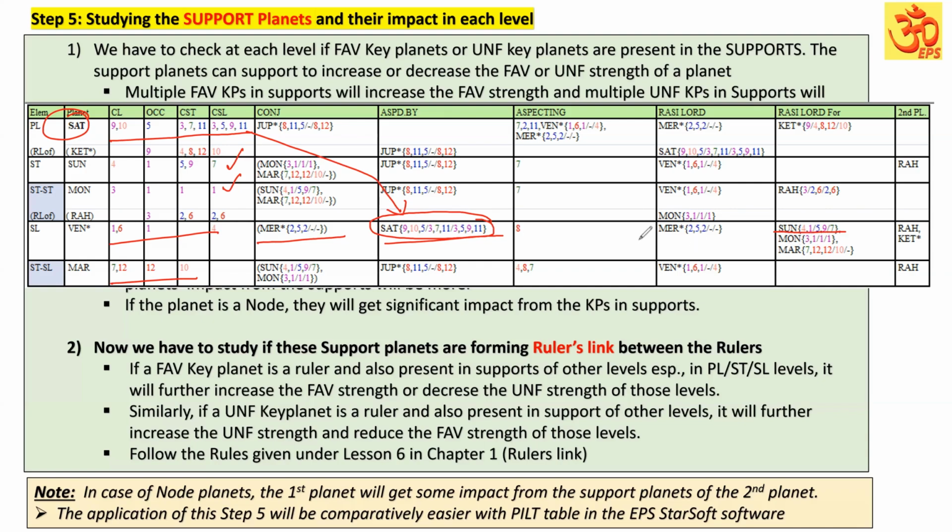Apart from that, the aspect by Saturn itself is passing its ruler link, because Saturn itself is the planet. It is giving its support to the sublord by way of aspect. So the influence of the Saturn will be significantly passed on to the Venus. So Venus's unfavorable strength is reduced and favorable strength is increased.